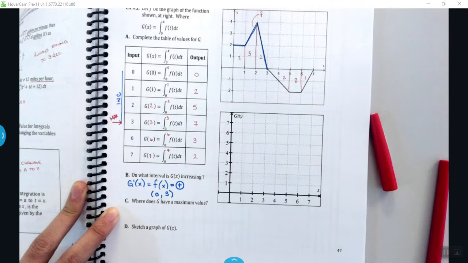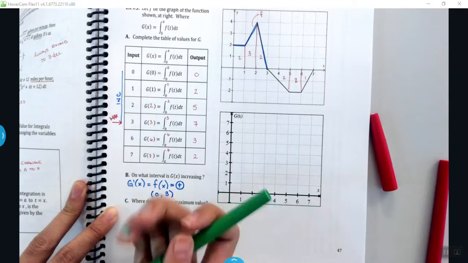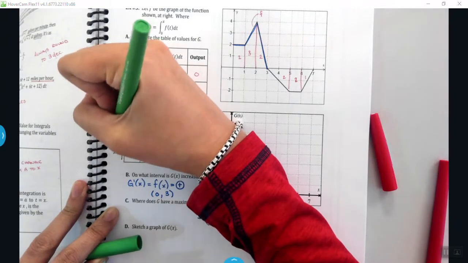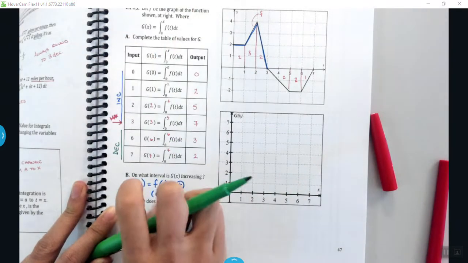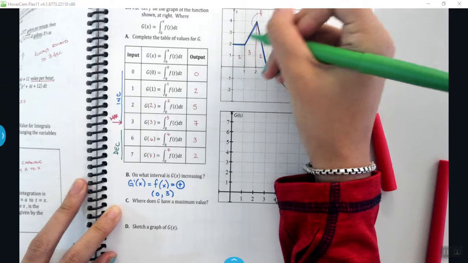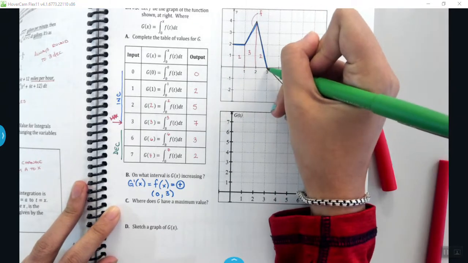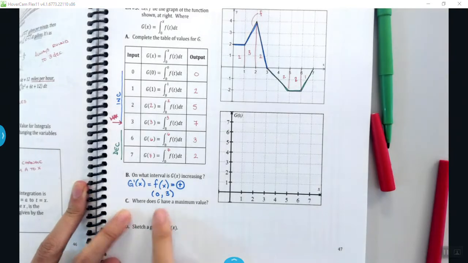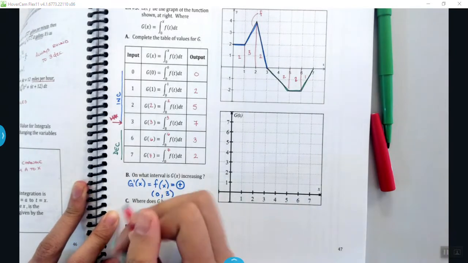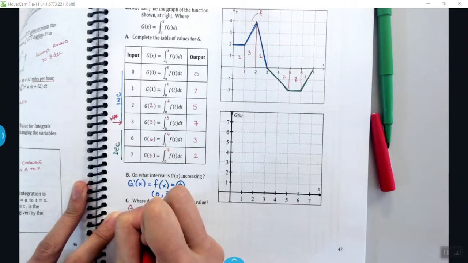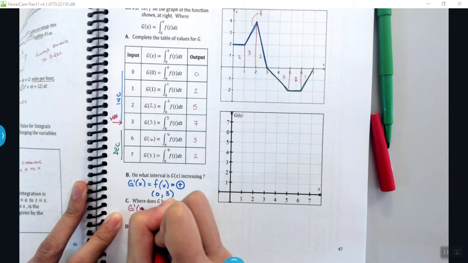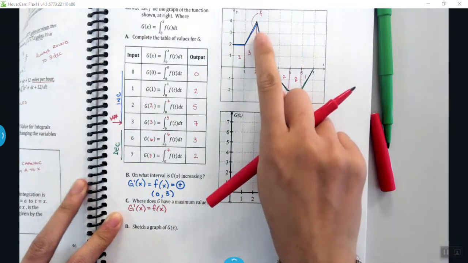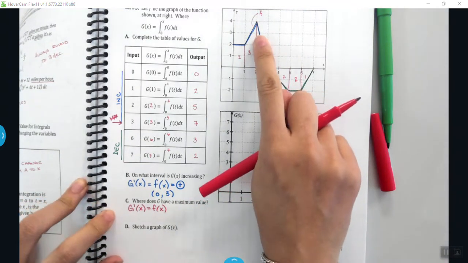But that's because the graph goes from increasing to decreasing right here. How do we know that on this graph it's positive to negative down here? Okay, so where does g have a maximum? G has a maximum when g prime of x or f of x. You always want to relate it to the function given to you, and you're given f of x.